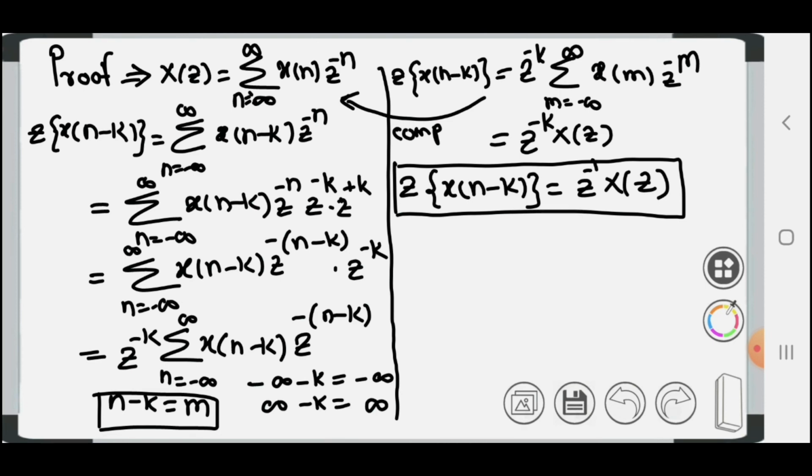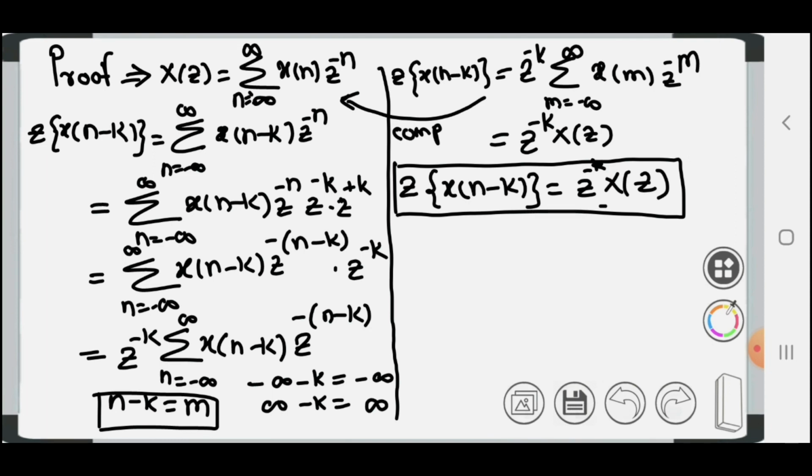Now for commenting on the ROC, whatever the ROC of the given x of n is will be the ROC for this new term. Only we have to look at whether k is positive or negative.